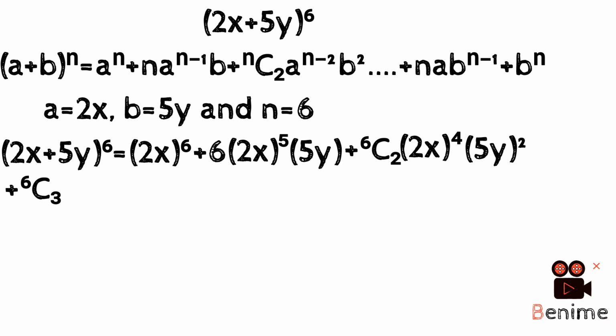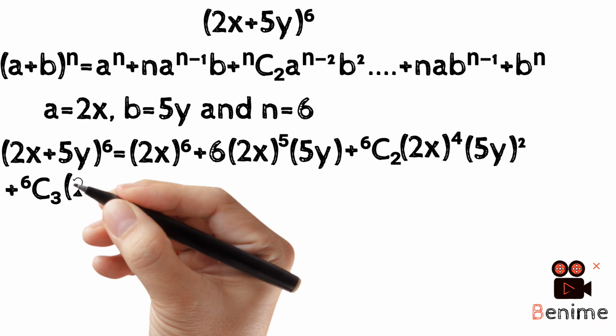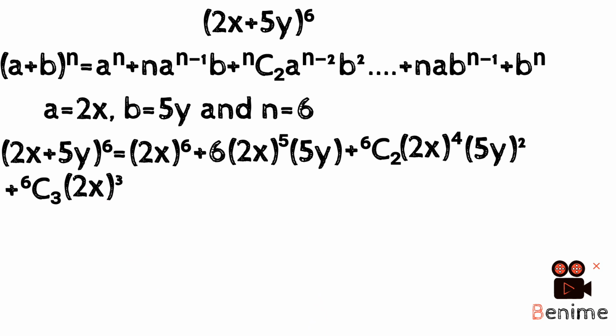Then your power, remember our powers are increasing, our power of a is increasing, the power of b is reducing. So if you see what we have been doing, the power of a is decreasing from 6 to 5 to 4. Now the power of a will be 3, so that's 2x raised to the power of 3. And our power of b has been increasing. It was first 0, that was invisible there, to 1, to 2, now it's increased to 3, so that's 5y raised to the power of 3.